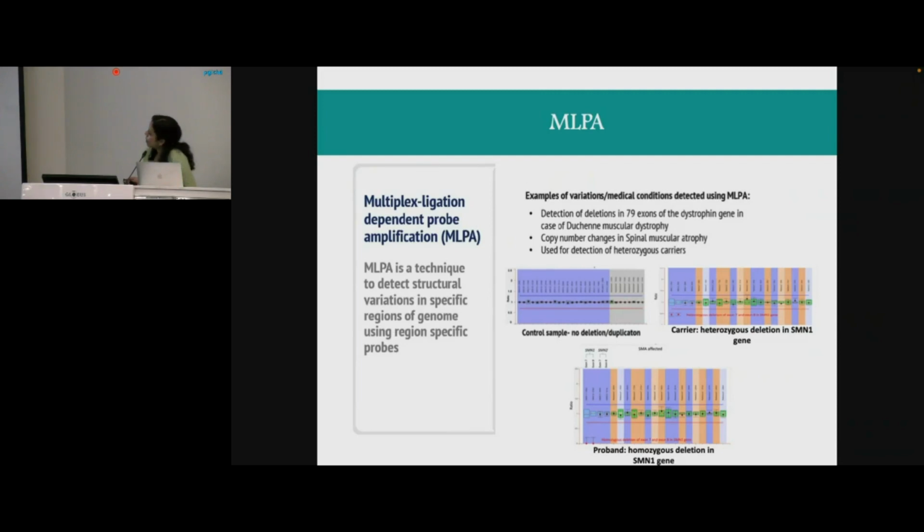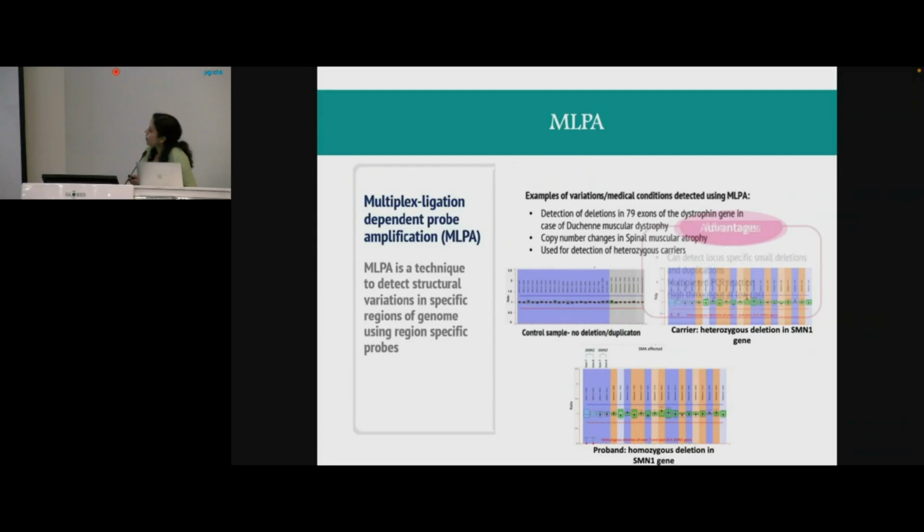This graph shows a heterozygous deletion in the SMN1 gene, which indicates carrier status. If the patient is affected, you will get the probes at level 0, which means there is a homozygous deletion in that gene. So it can tell you about carrier status and affected status. It is a very efficient method.